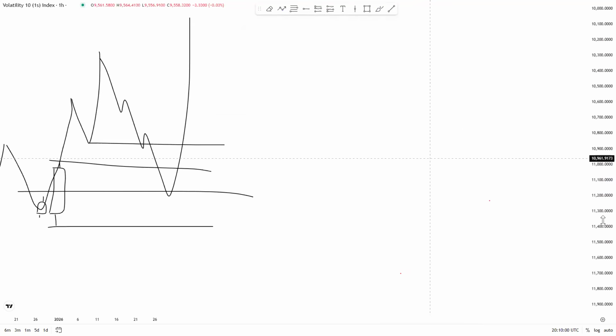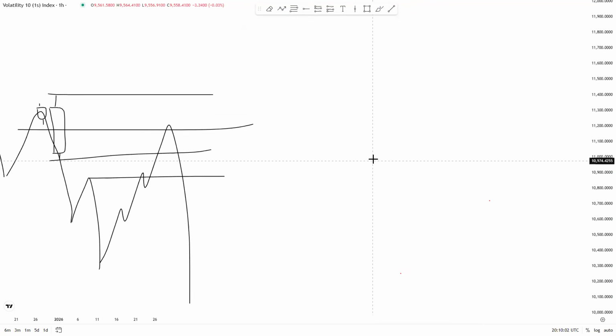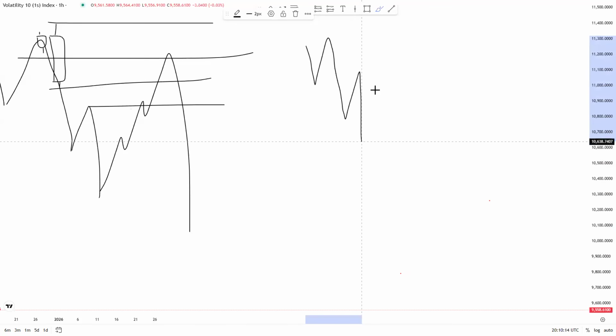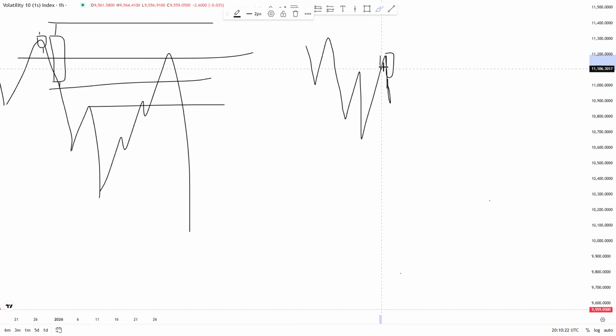Now, let me invert my scale back. Price gives you this, does this, gives you an imbalance, pushes to the downside. But now price gives you an imbalance here, your large candle and your small candle.